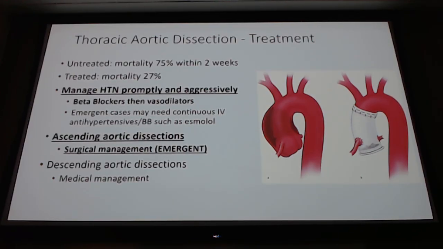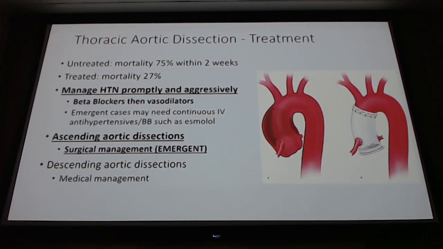If we lower the blood pressure in the aorta, hopefully we can slow down that process of an acute dissection, and hopefully give us enough time that we can make it to the OR.